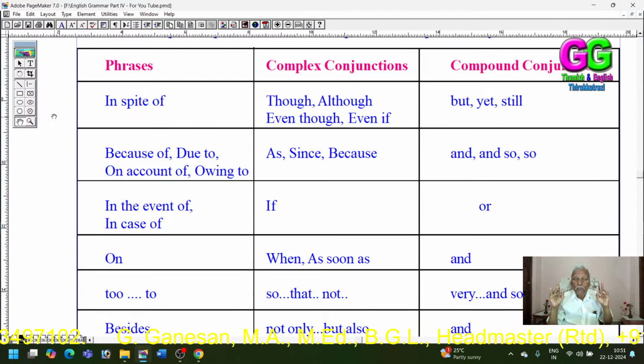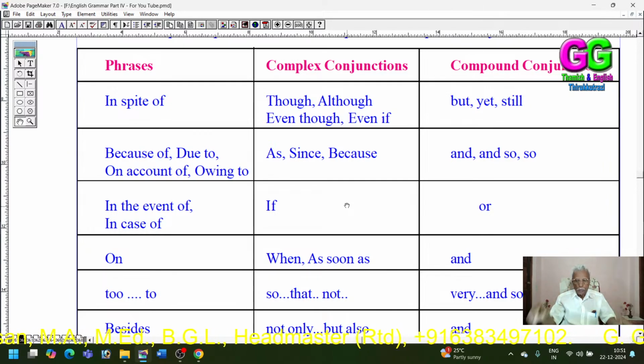My dear students, be very careful in printing these factors. That is phrase, related complex conjunction and compound conjunctions. Without a thorough knowledge of these factors, we cannot either speak or write English correctly.